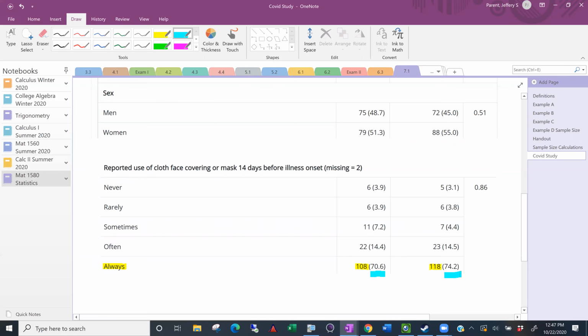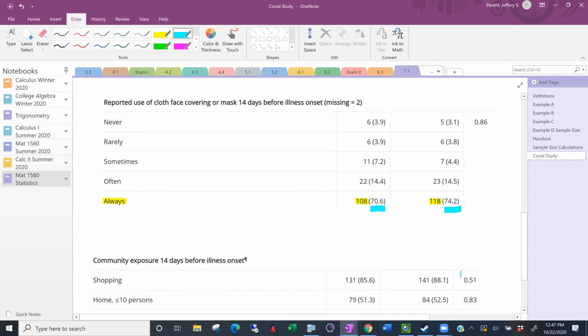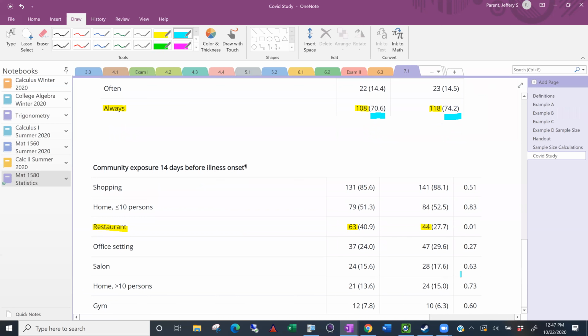So you're like, why should I always wear a mask? Well, if you think about all these different behaviors that you could expose yourself to, the one behavior that absolutely means you're taking off your mask is being in a restaurant, right?